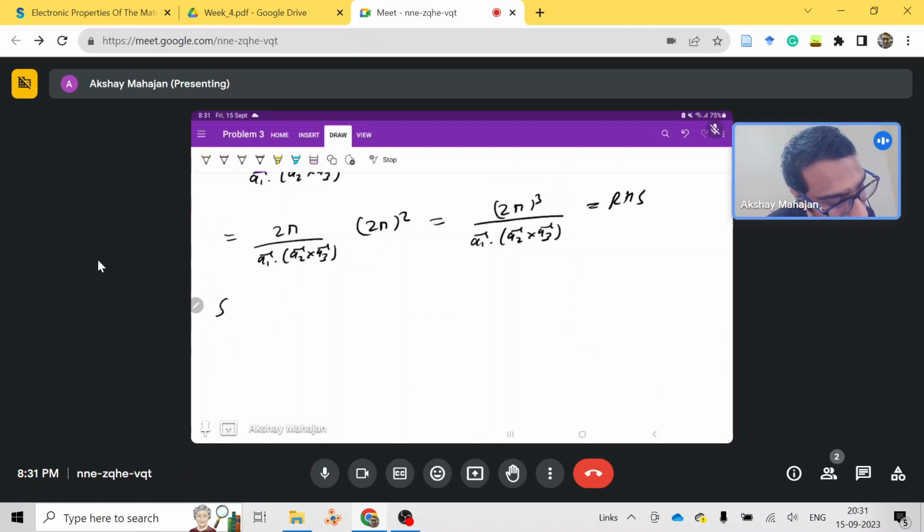Therefore we have proved that LHS equals RHS, and hence proved. We had to prove it in this form, and we have proved it.